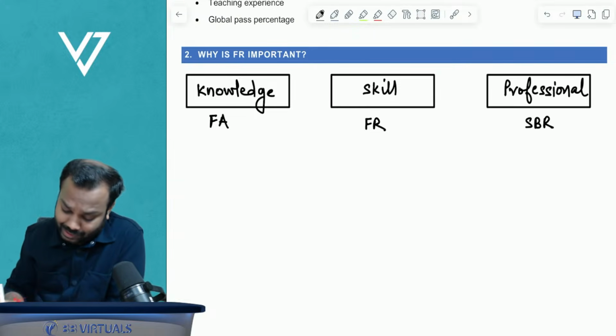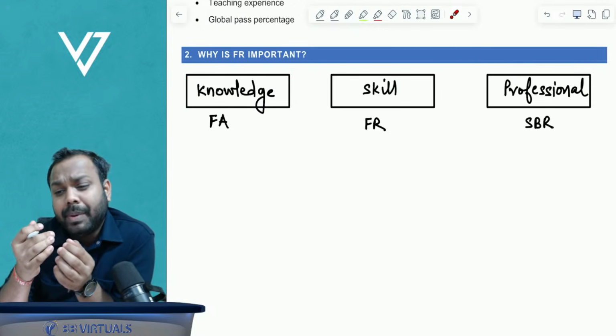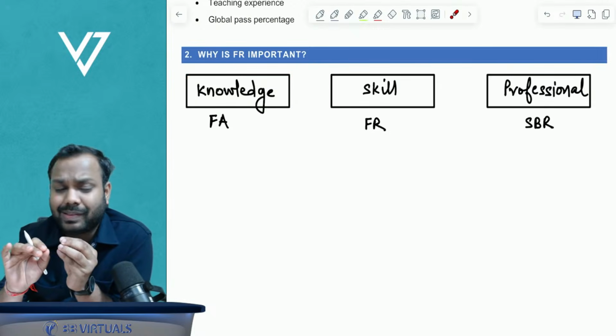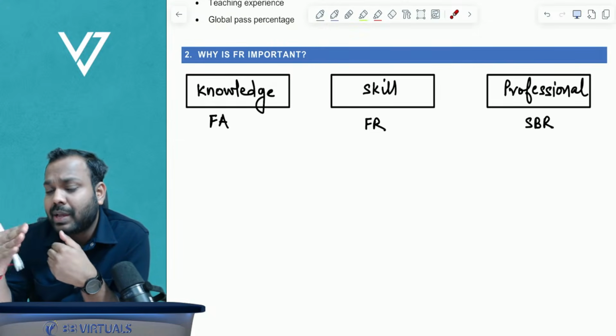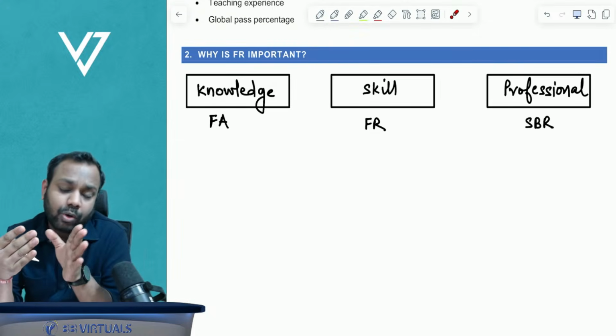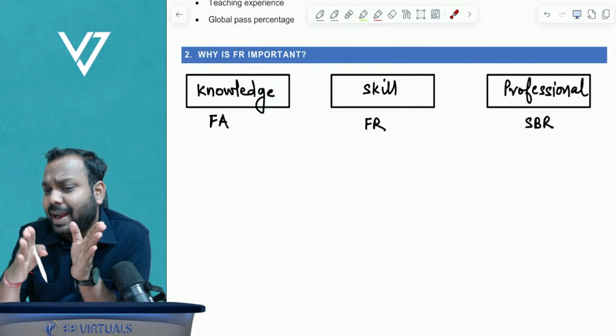Right? Now, guys, understand, at the knowledge level, you study the very base, meaning how you should pass journal entries, how to prepare ledgers, how to prepare a trial balance. So you study the base, entry level.